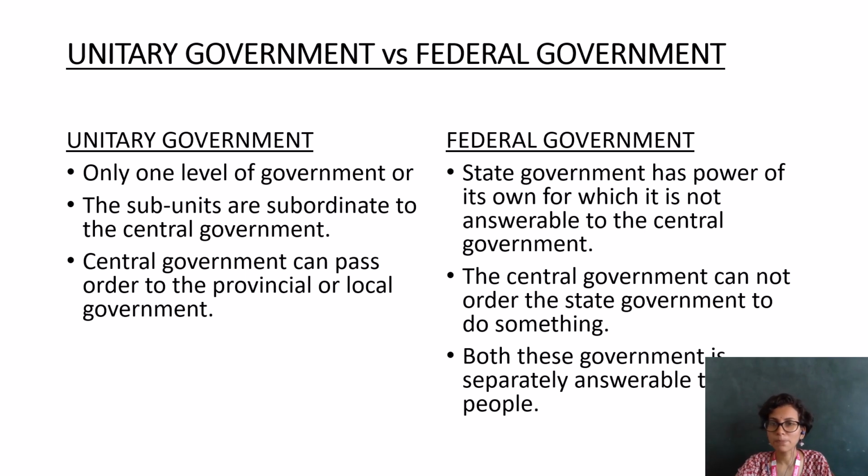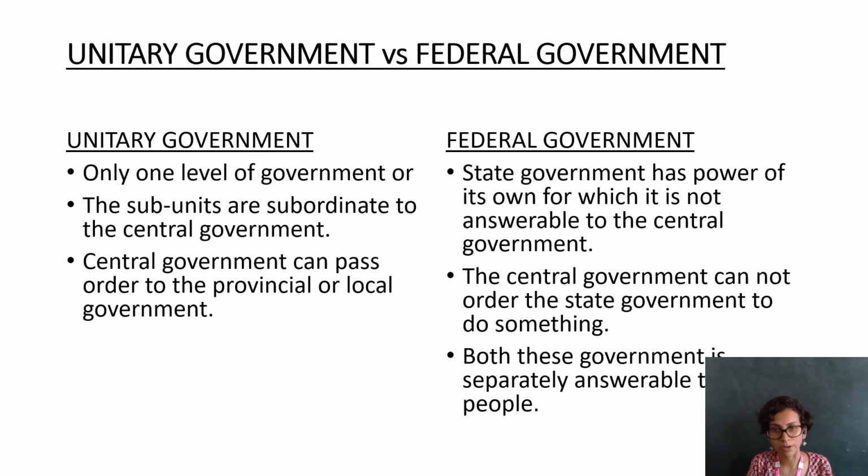State government has power of its own. As you know, in the Indian constitution, it is told that certain powers are given to the state government, and those cannot be taken away by the central government. It is guaranteed by our constitution. And suppose there is a certain decision taken by the state government, then they do not have to answer or justify to the central government why they have taken that action.